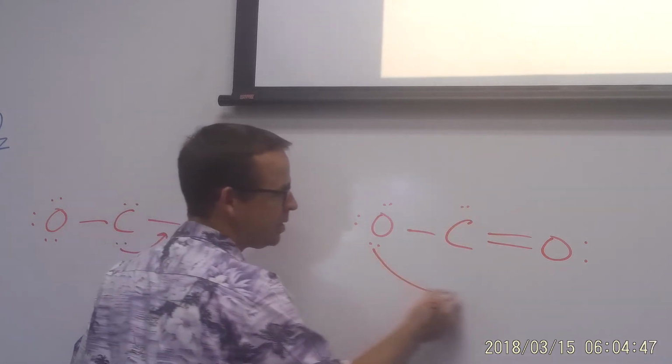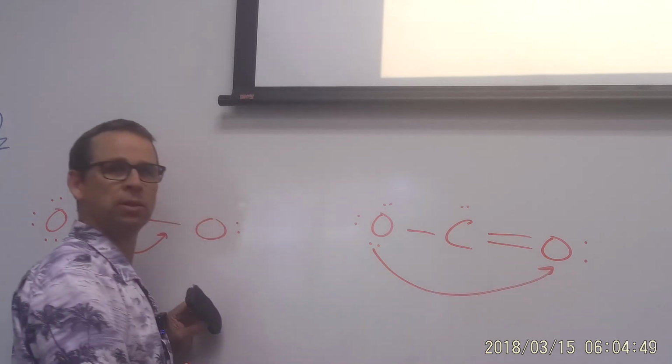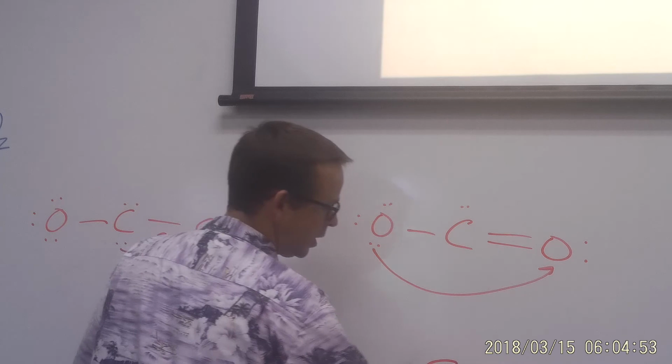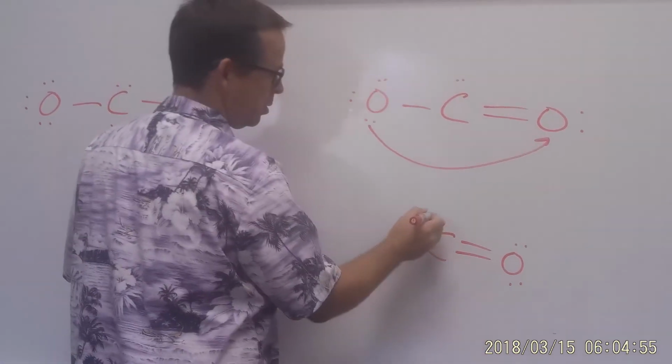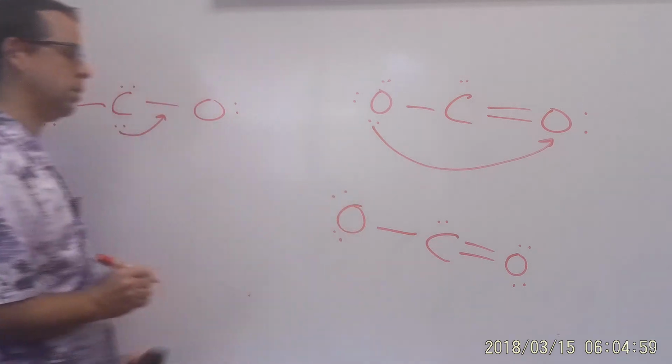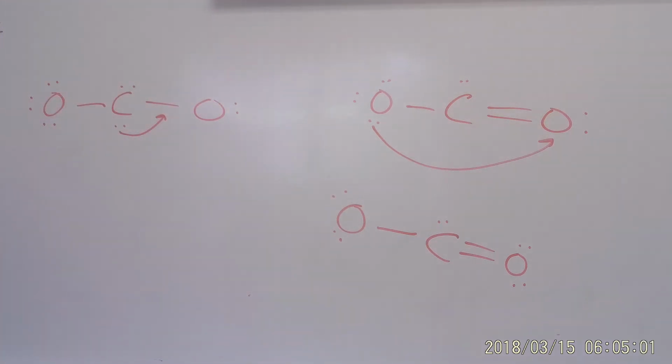So maybe we take these electrons and put them over there as lone pair electrons. What will that do? That'll get us this. Right? We're getting closer to something. What's wrong? Anything wrong? Are we all okay now?